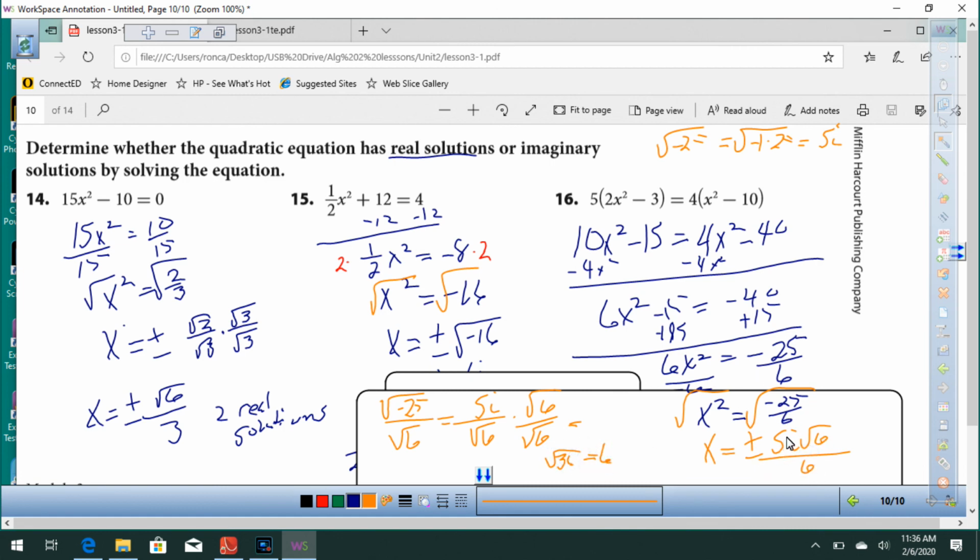So there is our solution, and this gives us two imaginary solutions.